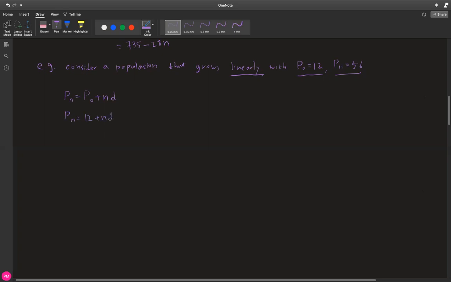But how do you find the common difference here? It's actually quite simple. You simply plug in that P sub 11 is 12 plus 11d, and we know that value is actually 56. That's given in the problem.